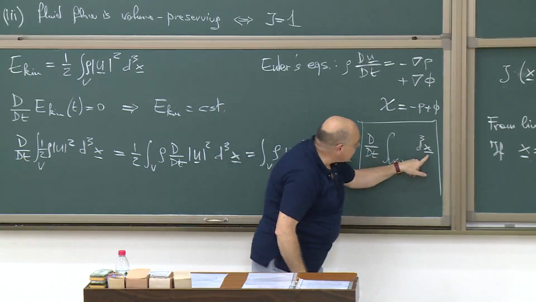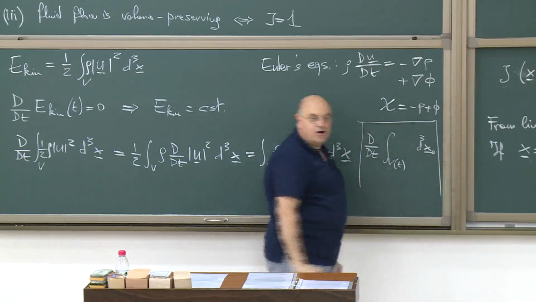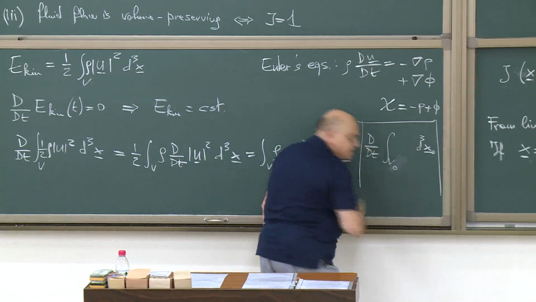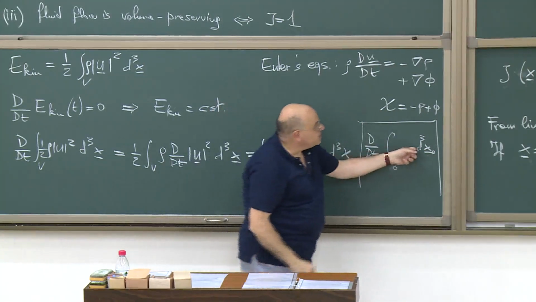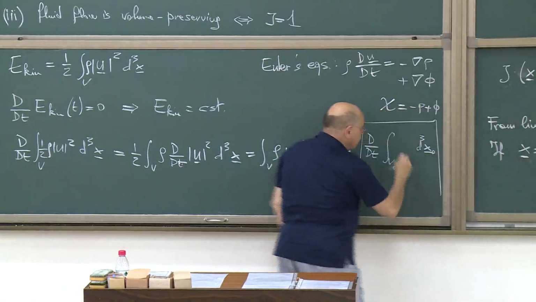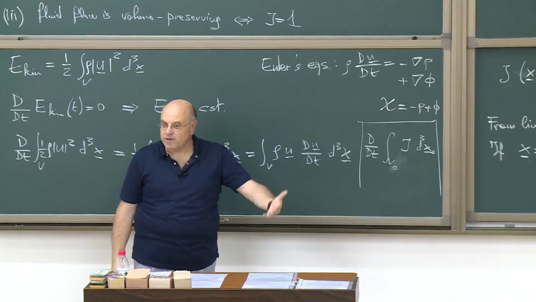Instead of d3x, you want to convert x into x0. And so V becomes V0, but of course the relationship between one another is through this. So somewhere here must appear the Jacobian.